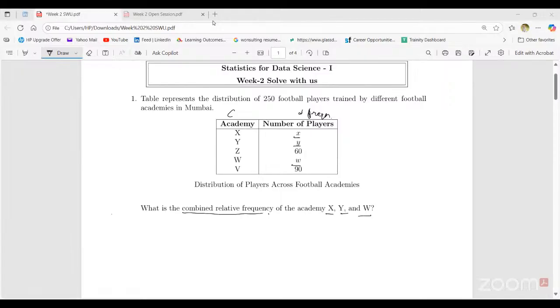Ma'am, the answer is 0.4. Relative frequency, ma'am. Those who said 100, did they get 0.4?